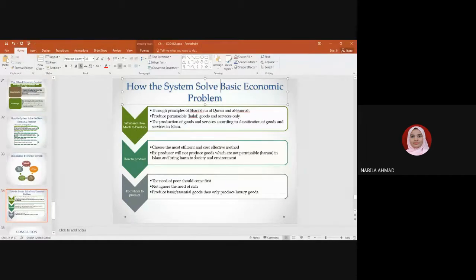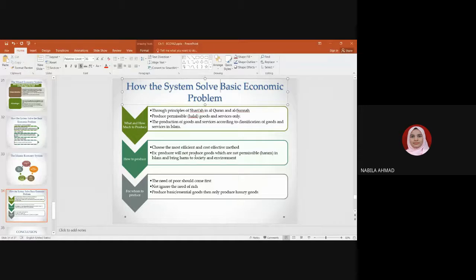How to produce? Negara ini akan menggunakan efficient and cost effective method. Dia akan avoid produce unpermissible goods, macam barang-barang haram, and bring harm ataupun negative effect to the society. For whom to produce?